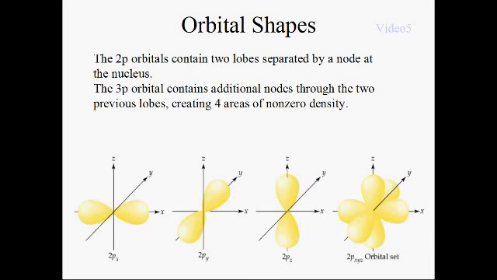So in between these is going to be a planar surface. So for the 2px here, which has the lobes aligned on the x-axis, the yz plane is going to be a node. So the probability of finding the electron goes to 0 on that yz plane.